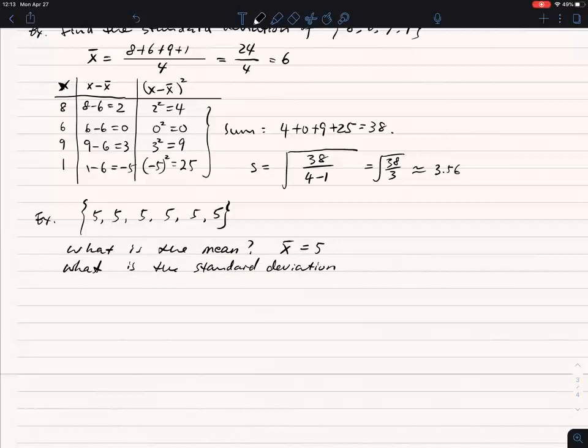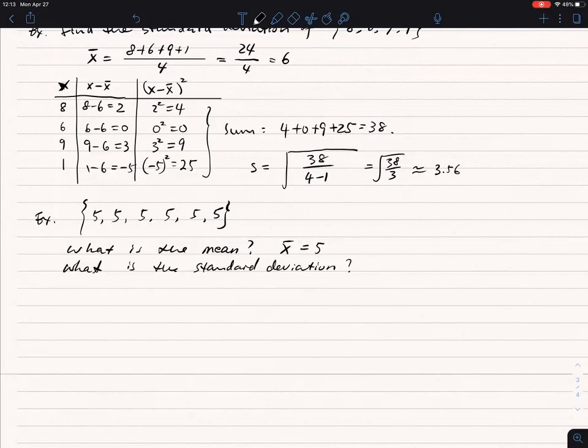What is the standard deviation? It'd be 0, wouldn't it? Yes, why 0? Because you're doing 5 subtract 5 and it equals 0 for all of them, right? If you compute the deviation, you get all zeros.